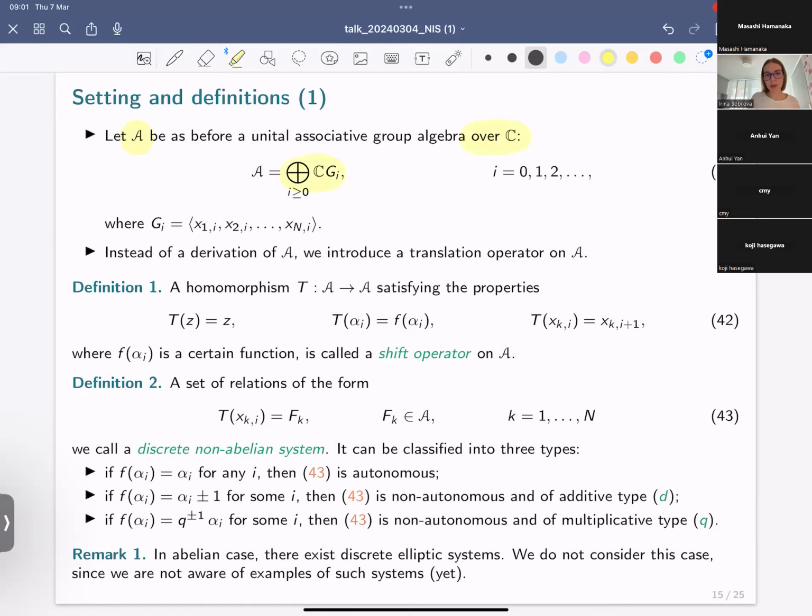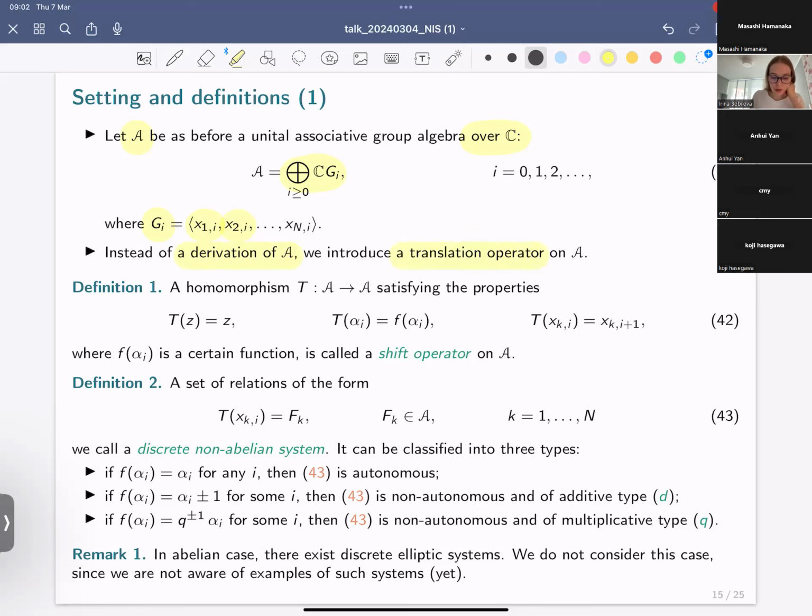This algebra is a group algebra, and in order to construct it, we consider groups J sub i with big N generators, x1 sub i, x2 sub i, and so on until n. And A is given by a direct sum of these groups.